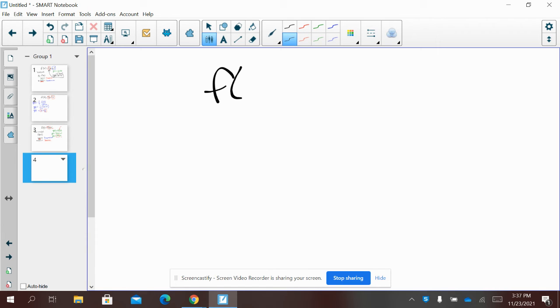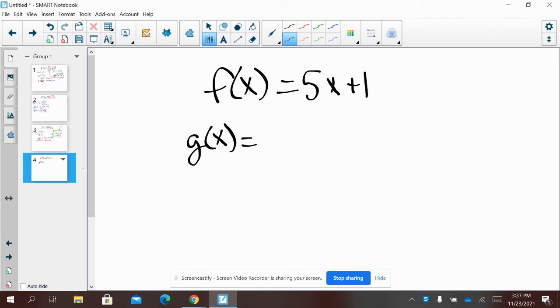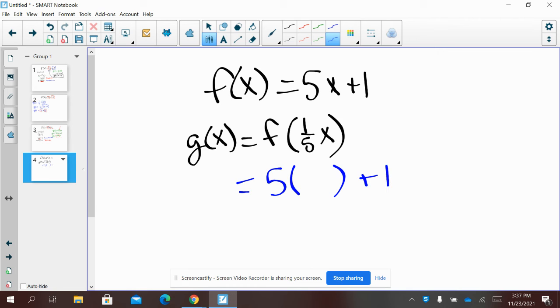If I have f of x, again, equal to 5x plus 1, and now I say that g of x is going to equal f of 1/5 x, this is what it looks like. Well, f of x was, again, 5x plus 1, but now instead of an x, we're going to input a 1/5 x.